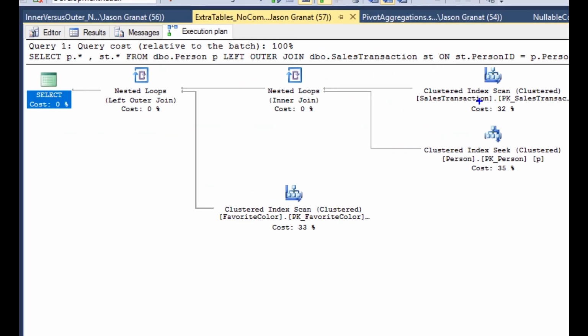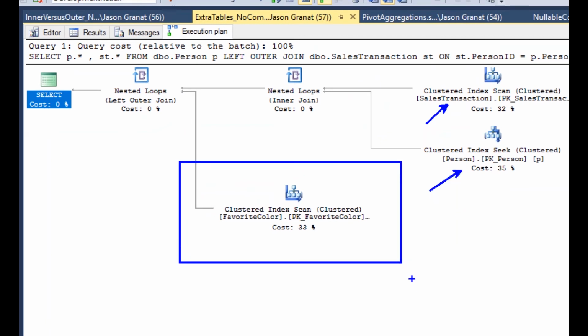In the execution plan, you can see that I have sales transaction, I have our person, and I also have that favorite color table. So even though I'm not using that table, nothing is coming back on that table in my return. It's a left outer join, so it's not filtering any of the data that is used in my result set, and I don't have anything in the where clause for it.